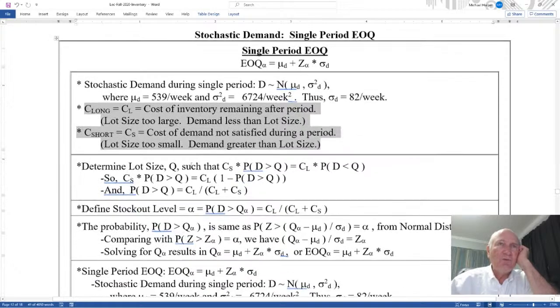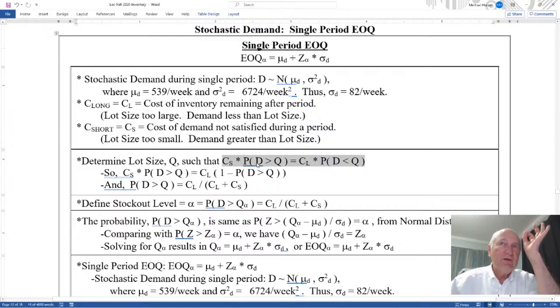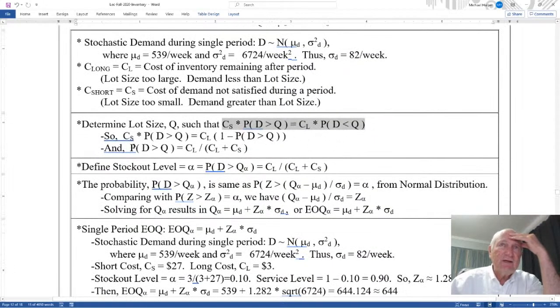Okay, so the derivation is pretty straightforward. Here you have the short cost times the probability of demand being more than your lot size, so this is your stock out level. The long cost, where the demand is less than your lot size, and this is your service level, the probability of that happening. You solve for this, and doing the arithmetic, you have this ratio.